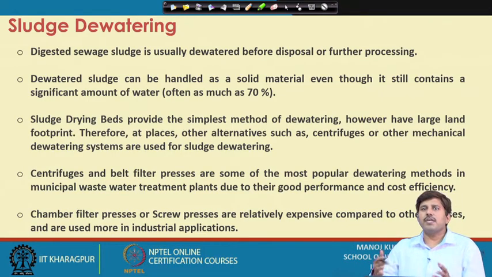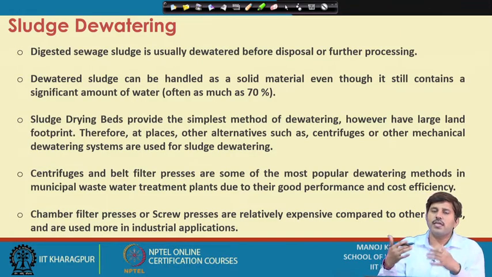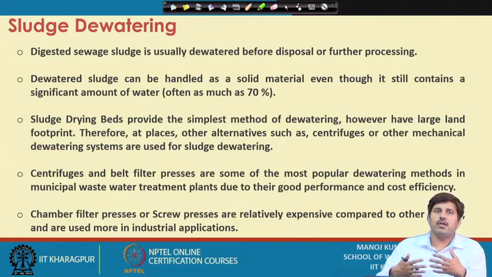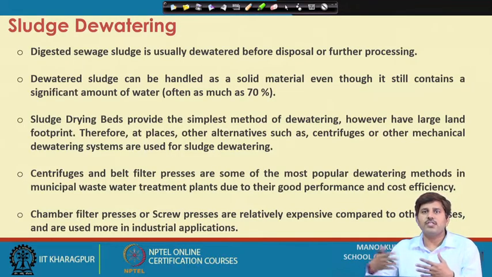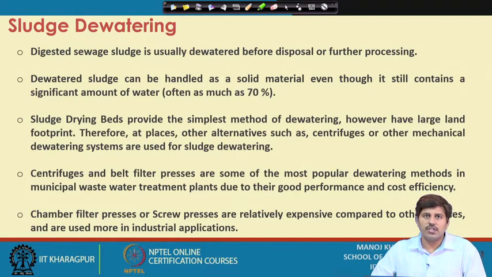Of course, this drying bed has a typical design, with a sand layer to let the liquid drain. The liquid can move in two ways from these drying beds, through evaporation or through draining to the lower strata. This is the most popular, most common and simplest approach for sludge dewatering.